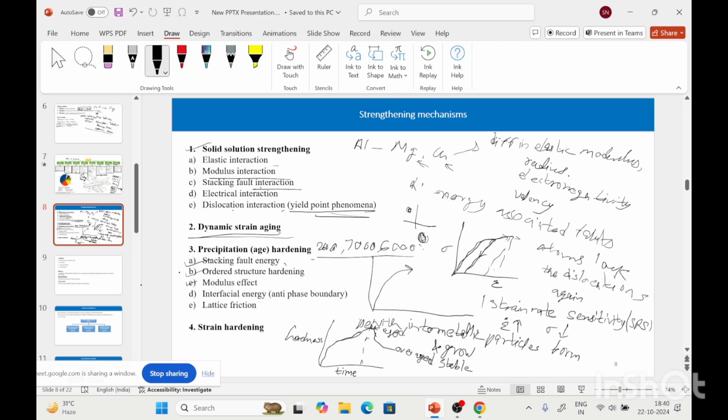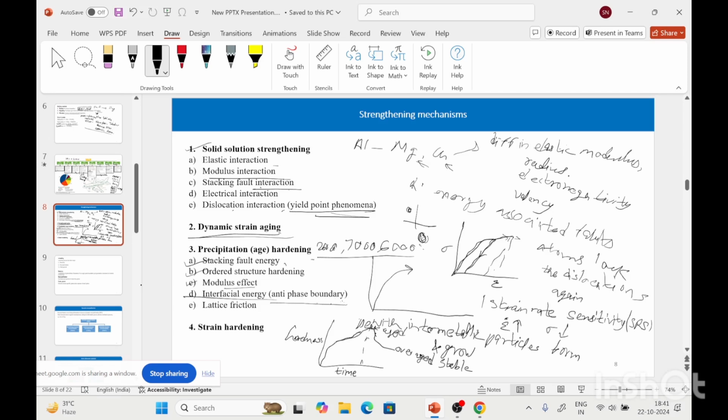Then modulus effect, means the intermetallic modulus will be different from the aluminum matrix. Then the interfacial energy, means when the dislocation moves in the particle, that movement of dislocation generates antiphase boundaries. So the energy of antiphase boundaries also leads to strengthening in the precipitation hardening alloys.